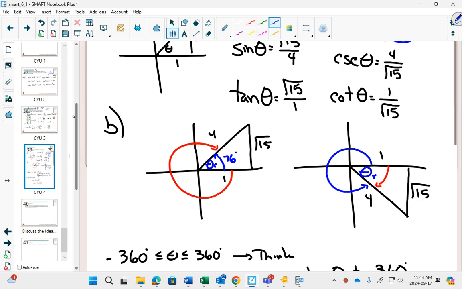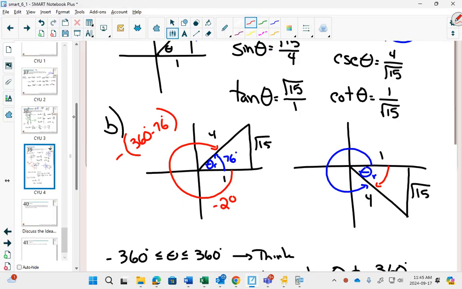If I wanted to do coterminal backwards, okay? Again, I think of negative angles with positive numbers first. Would you agree all the way around is 360? So from here to here would be 360 minus 76, and whatever answer I get, I'll just make it negative. So 360 minus 76, that's going to give me, what is that, 284 degrees?